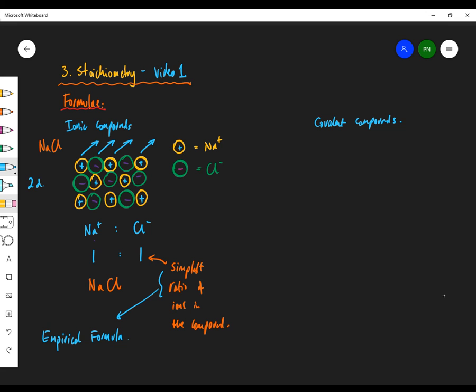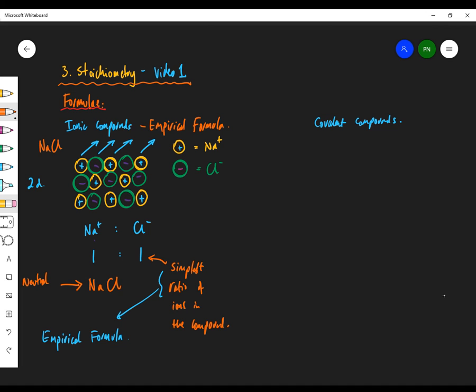For ionic compounds, we don't quote them as anything else. All ionic compound formulae are empirical formulae, and that means they show the simplest ratio: one sodium ion and one chloride ion. Obviously, the charges must balance, so the formula of the compound must be neutral.